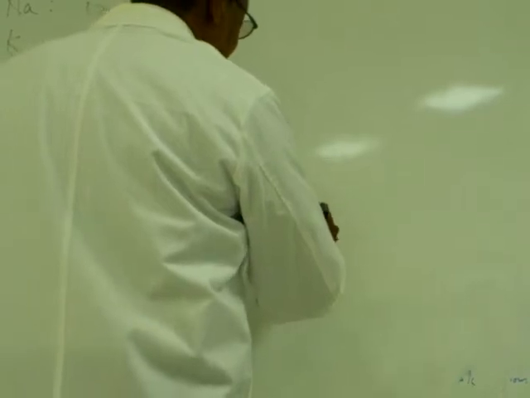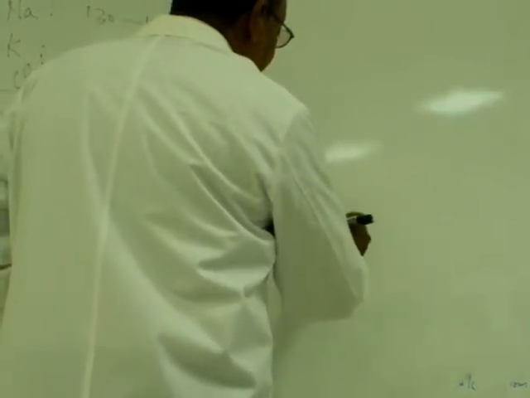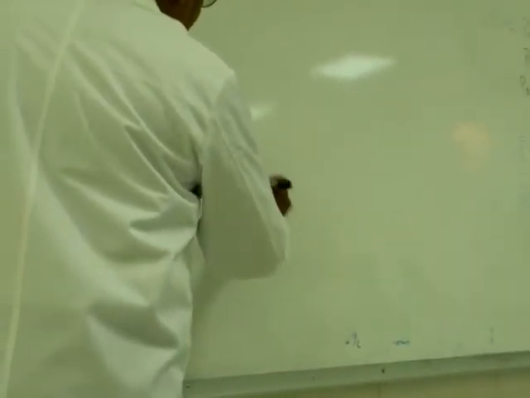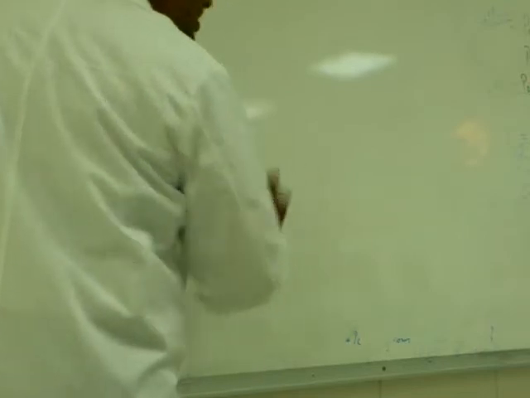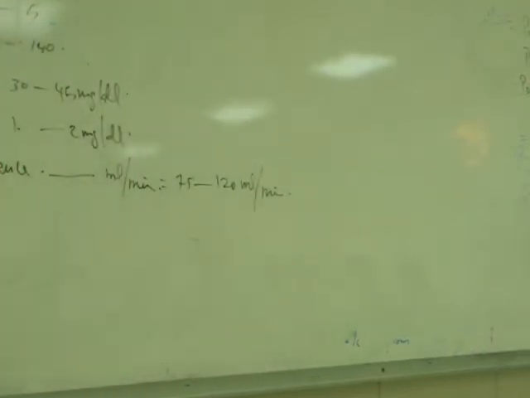Normally it is 125, range 75 to 120 ml per minute. In these two weeks, electrolytes we will not do. This week we will do urea, and next week we will do creatinine.